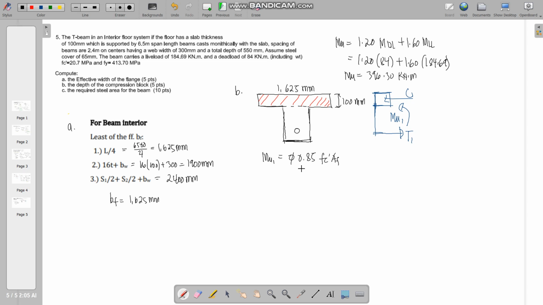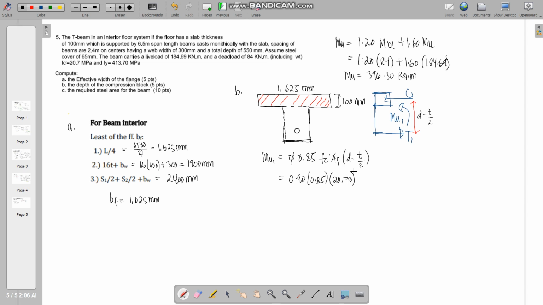So that block is equal to 0.85 fc prime times the flange area. Well, the distance here would be equal to the depth minus thickness all over 2. Hence, we're going to place it in here and then substitute.